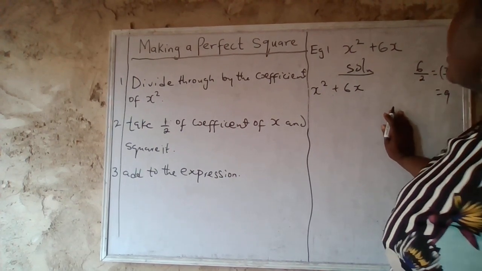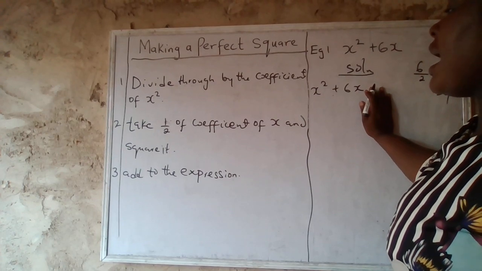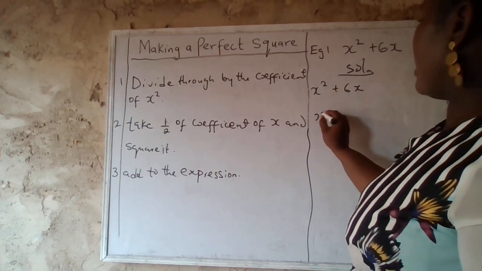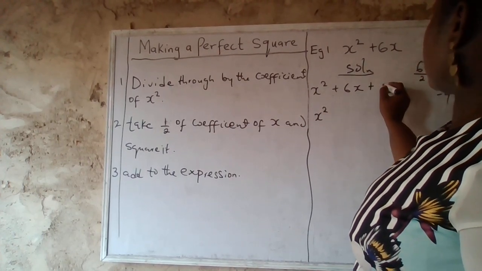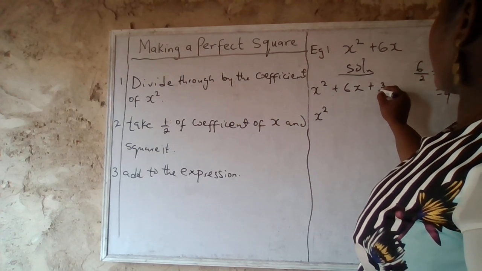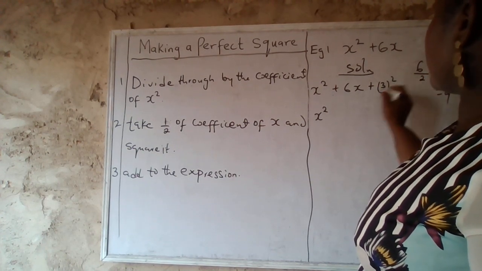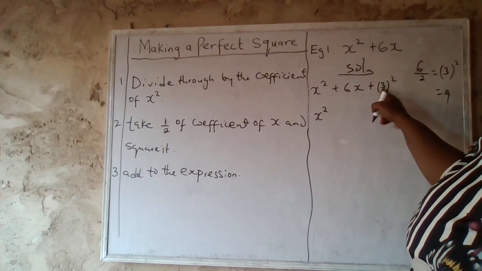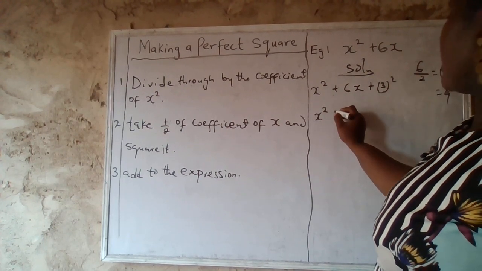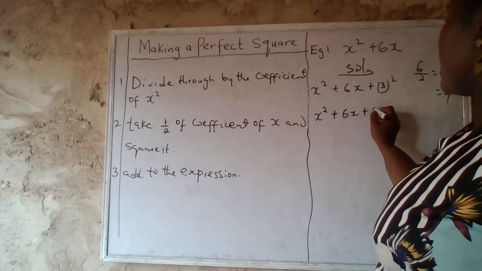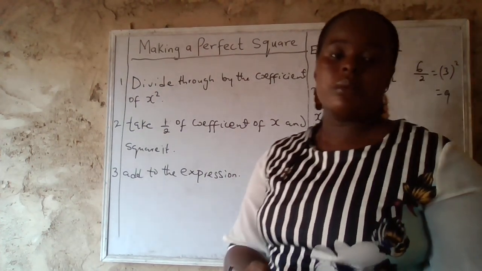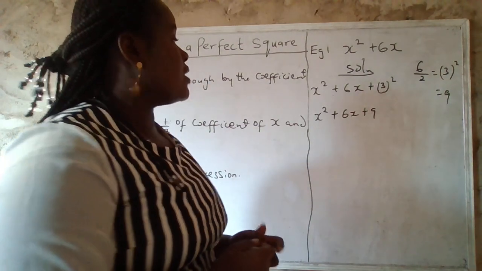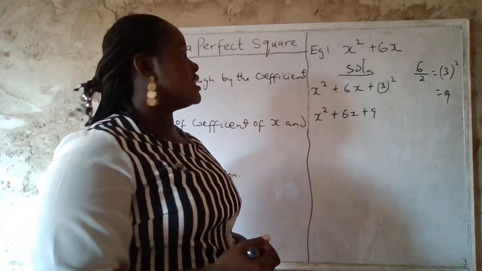So it is this 9 that we are going to add to the expression. So we are having x squared plus 6x plus 3 squared, x squared plus 6x plus 9. Now this has become a perfect square.